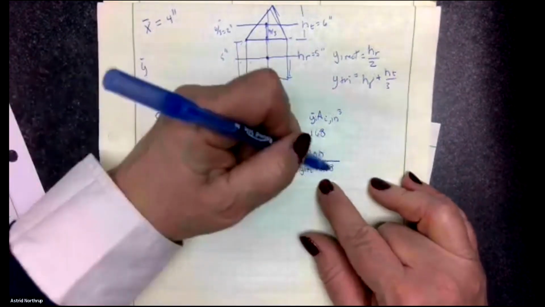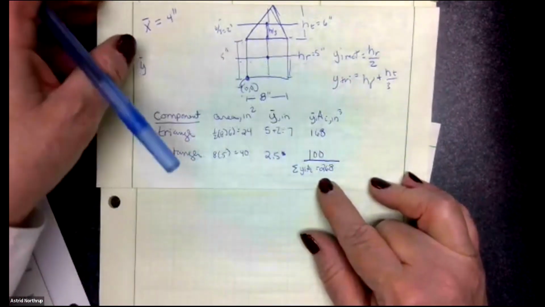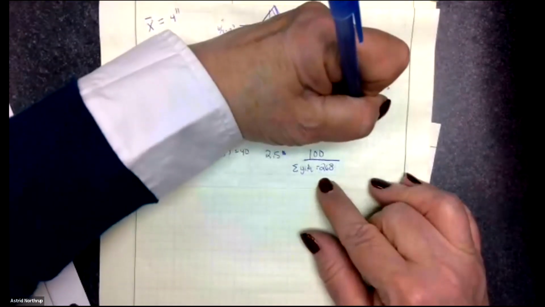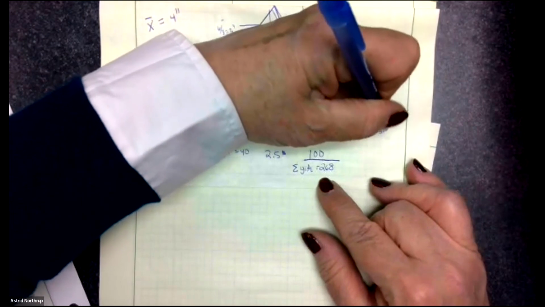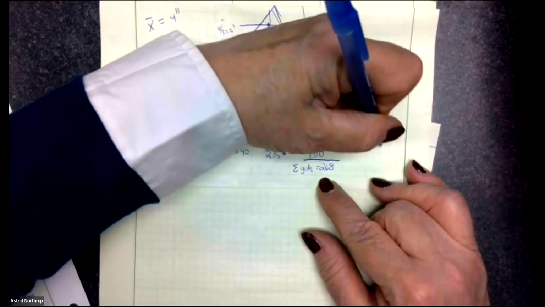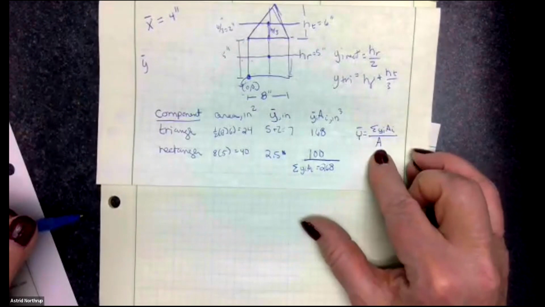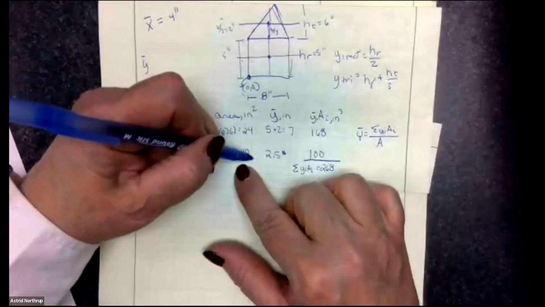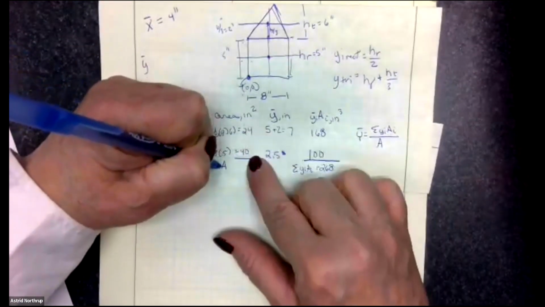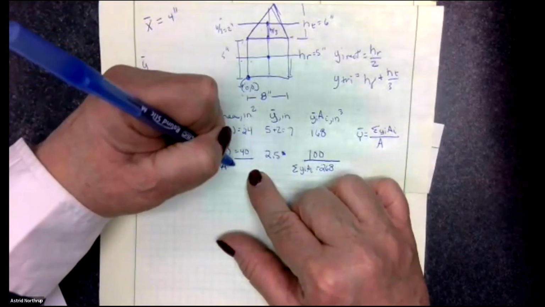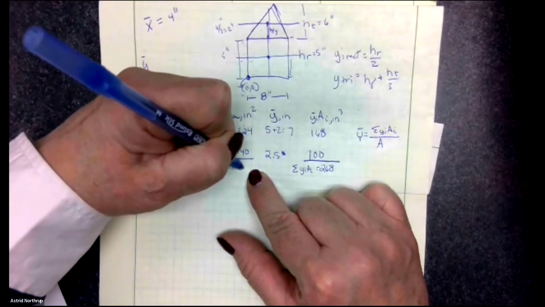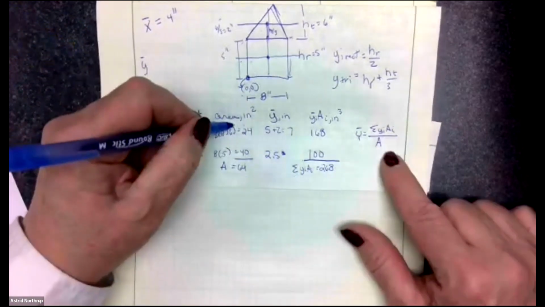Okay, and then from my work before, I know that Y bar is going to be the summation of Y bar A over the area of the whole thing. So the area of the whole thing is equal to the areas added together, 24 plus 40, which is 64 inches squared.